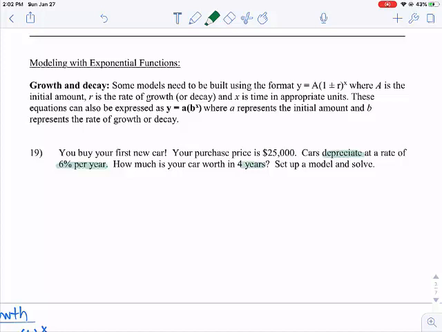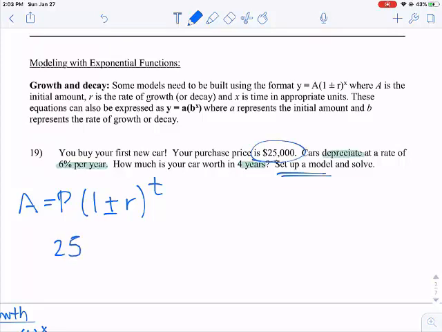Well, the first thing is we're going to set up a model. And the model we're going to use here is A equals P times (1 plus or minus r) to the power of t. This is not an interest problem, so we're not using a compound interest formula. So I'm going to start with the 25,000, and because it depreciates, I'm using subtraction.